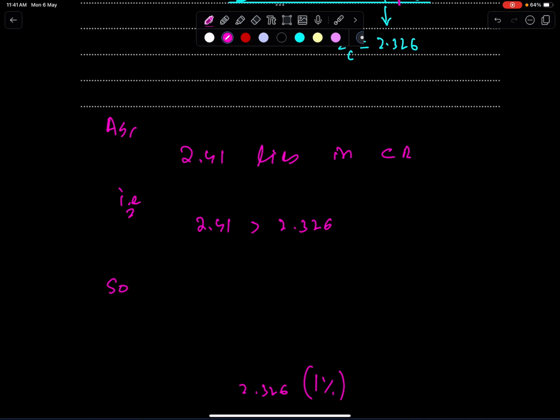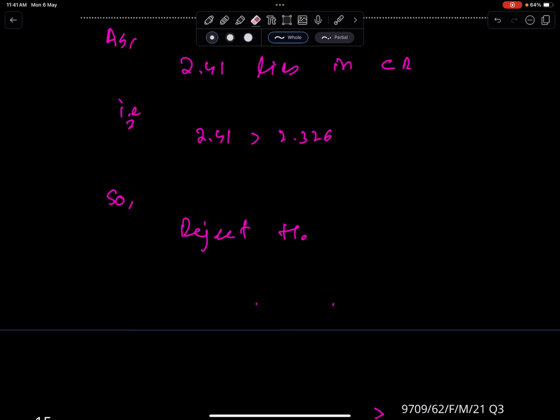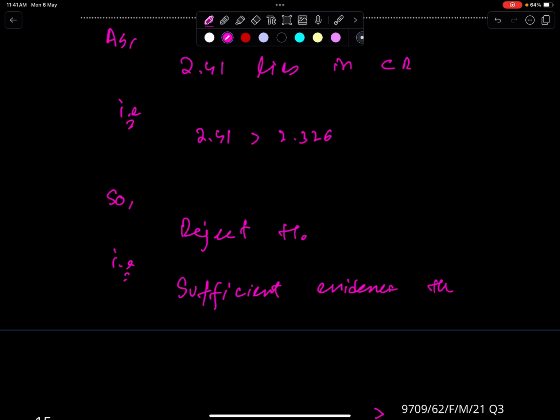So reject H0. That is, there is sufficient evidence that mu has increased, or higher buildings in the city.